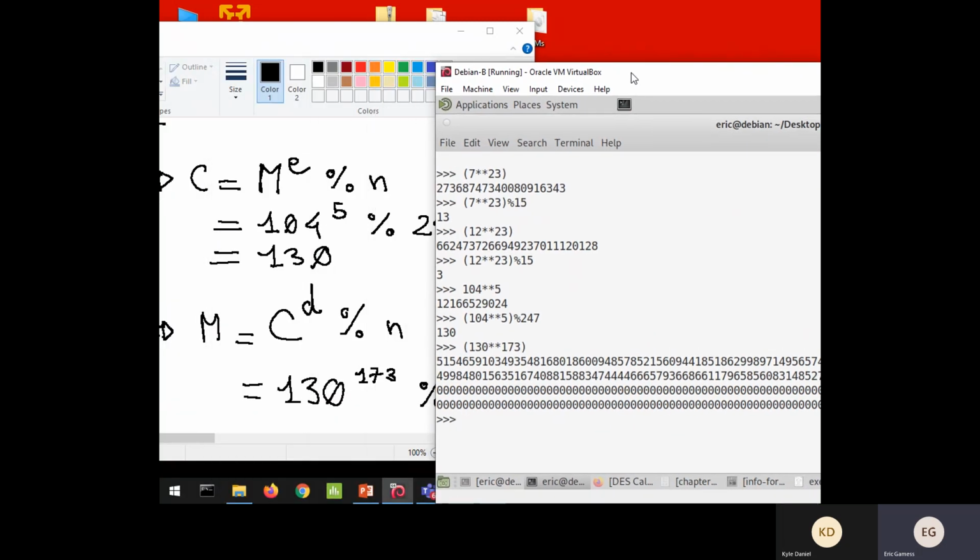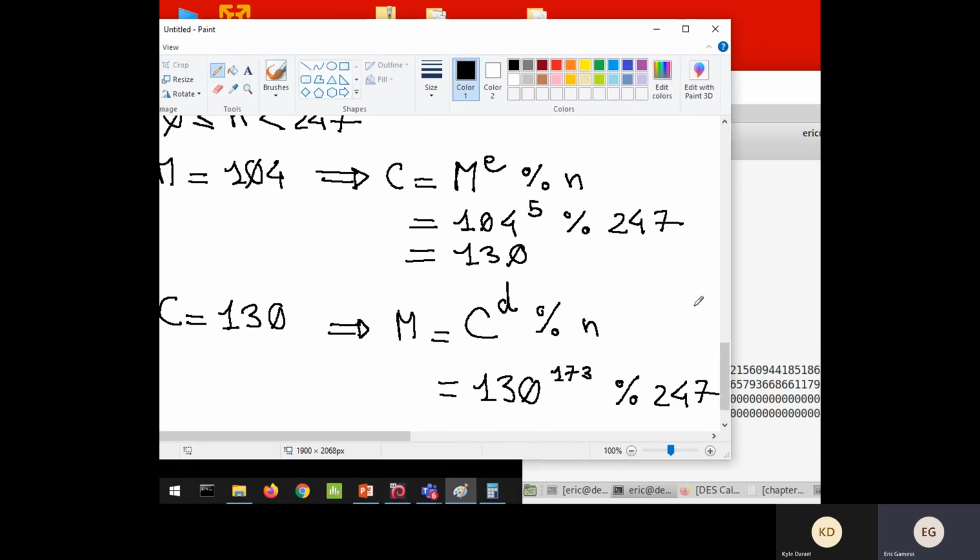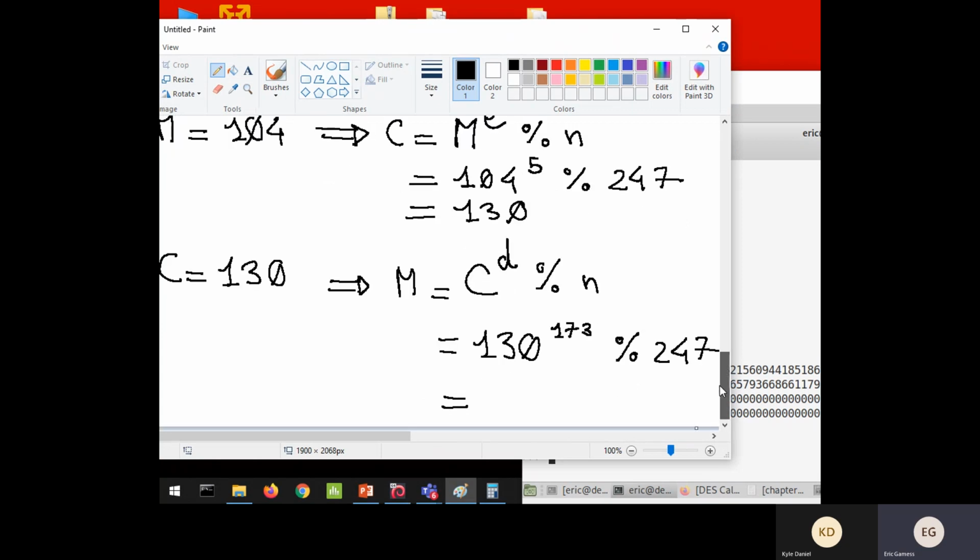But Python is an infinite precision calculator. So I'm going to do modulus 247, and it should be 104. Look at the result, 104. So we came back to 104. And this is exactly what we need.